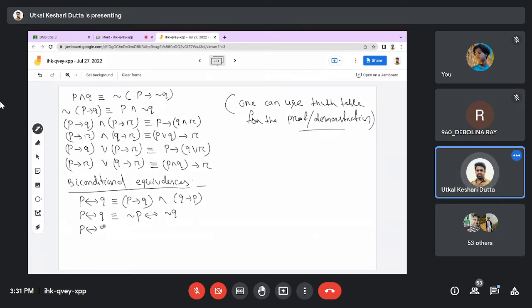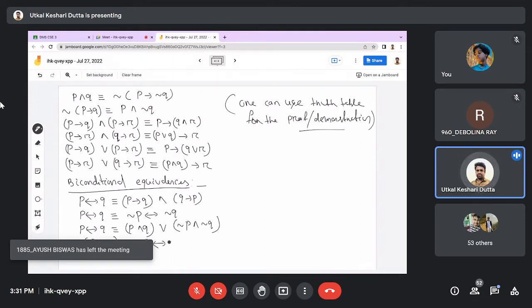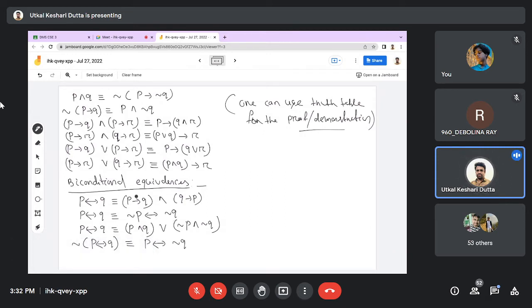P biconditional Q is also equivalent to P conjunction Q disjunction negation P and negation Q. Negation of P biconditional Q is also equivalent to P biconditional negation Q. These are some known logical equivalences using the biconditional logical operator.